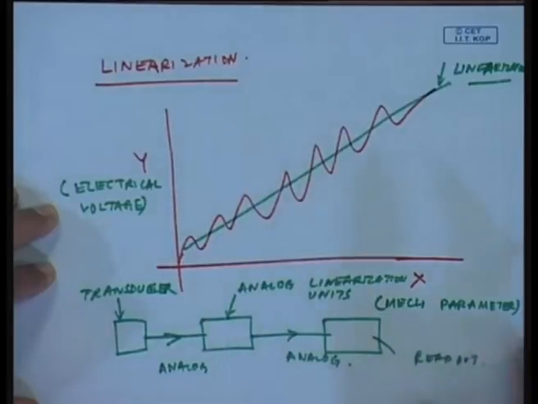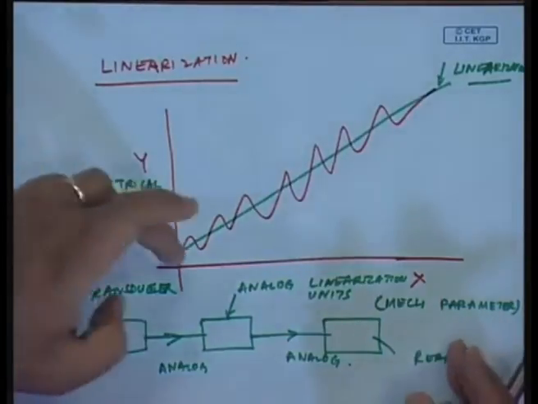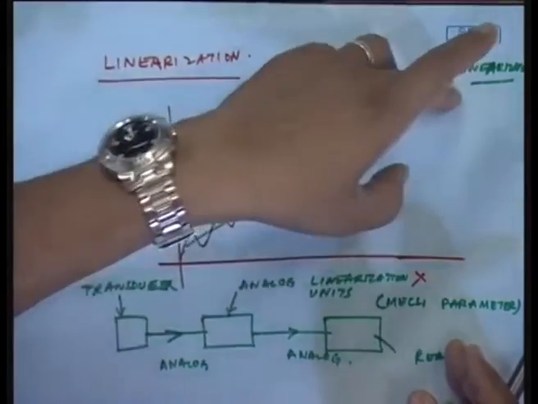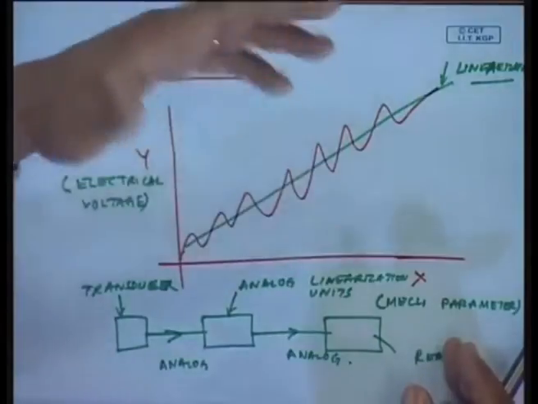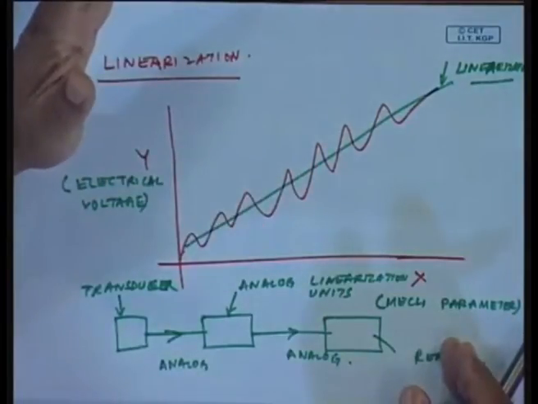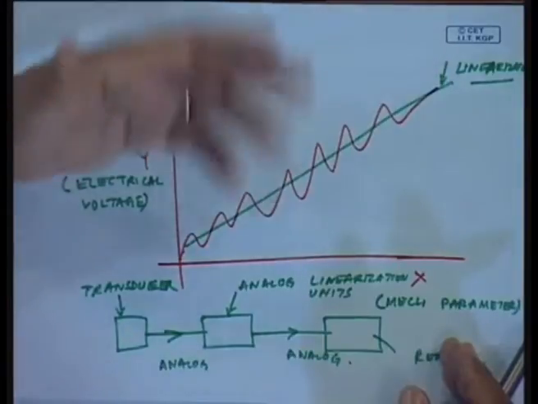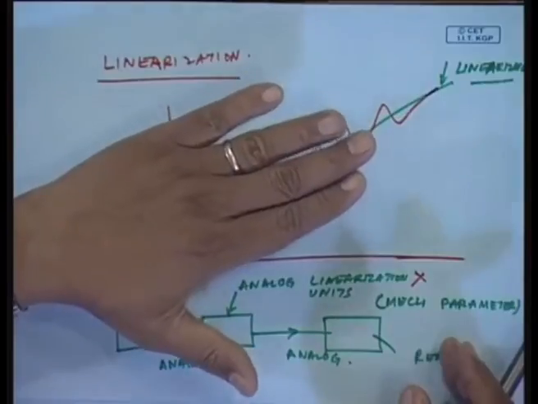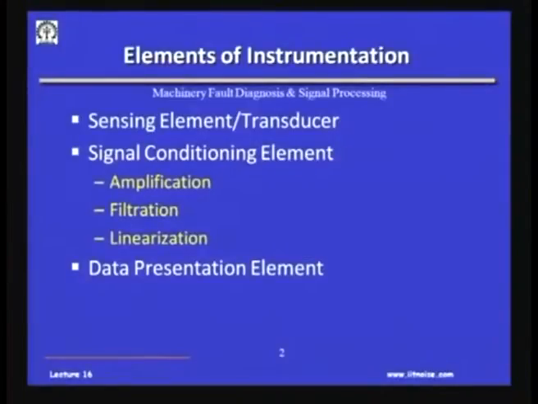But again, I will just tell you, because we had courses on digital signal processing. Had I given you this red signal on a computer, you could have very easily linearized it, which you all are doing while you plot an Excel graph or do a regression analysis. Okay. So, you can imagine the power of digital signal processing. Think of the days when digital signal processing and computers were not available.